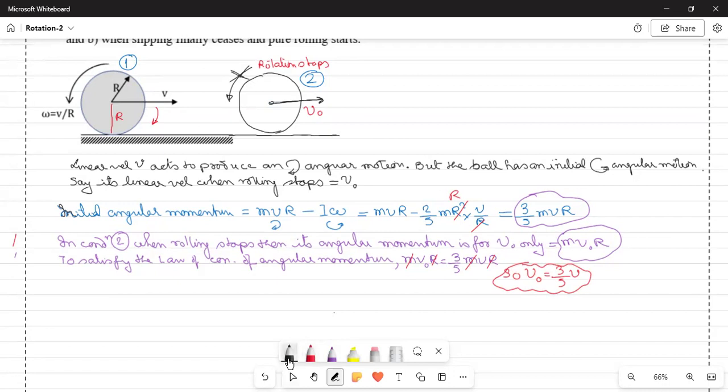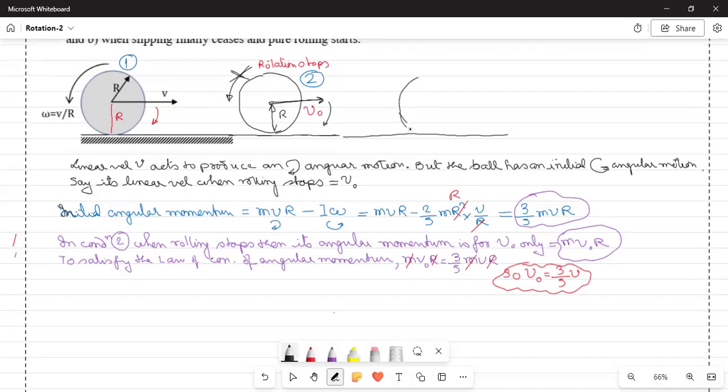Now let us look back at the sphere once again. When it stops, this v0 still creates a torque on this body, which is equal to m v0 r in this direction. So now what will happen?